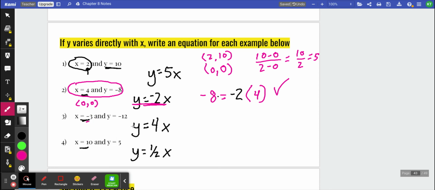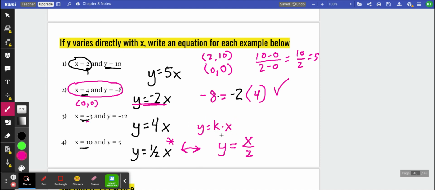Looking at number 3, it should be y equals 4x. Then number 4 is a little bit tricky, and you might have written the equation y equals x divided by 2. These are the same equation, x divided by 2 and 1/2 x, but we want to write it as 1/2 x because we want to keep the form y equals k times x.